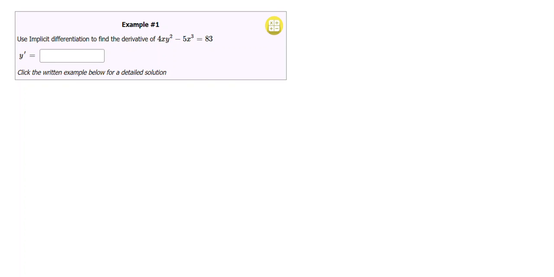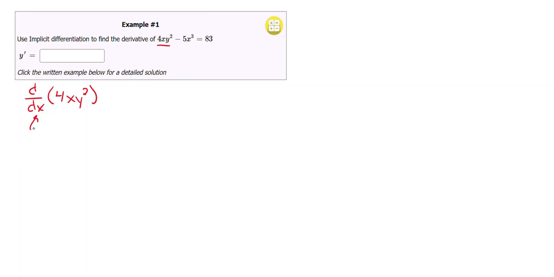We're just going to rewrite this, and quite often with implicit differentiation we like to write things in Leibniz notation. This will be kind of new; we haven't been doing a ton with this yet. We're writing this first term as d/dx, which is another way of saying the derivative, of 4xy squared.